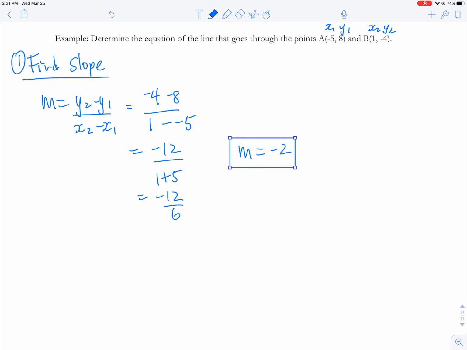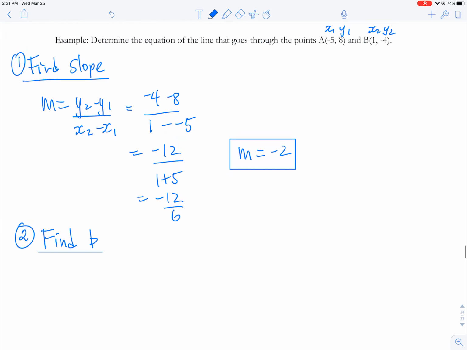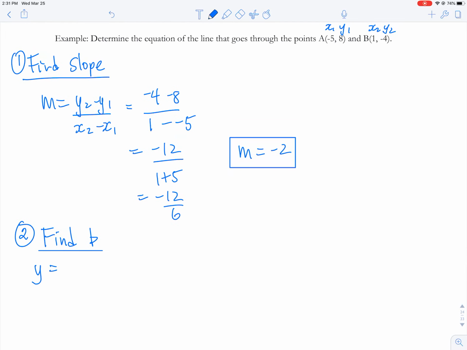And no matter what method you use, you'd have to find the slope. The second step, I'm going to find b, my y-intercept. For this one, I'm going to use the point (minus 5, 8) for my x and y. So y equals 8, m equals minus 2, x equals minus 5, b equals question mark.